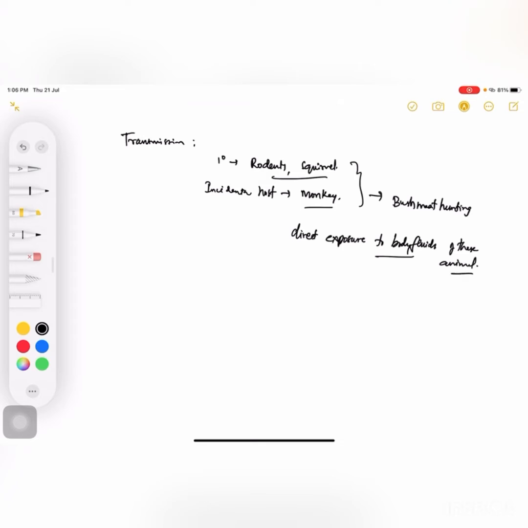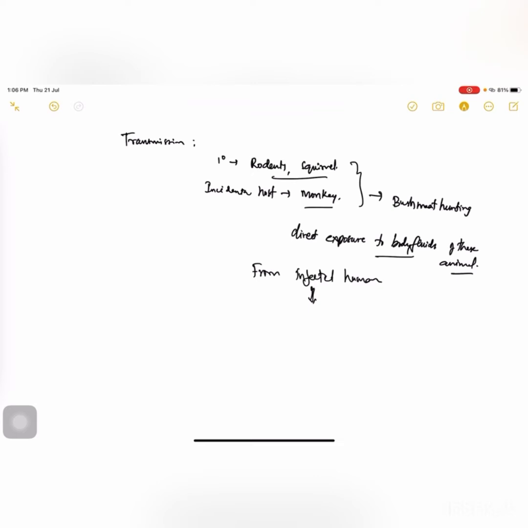Then the infection is transmitted from the infected human to other humans through droplet mode or through direct contact with skin lesions.